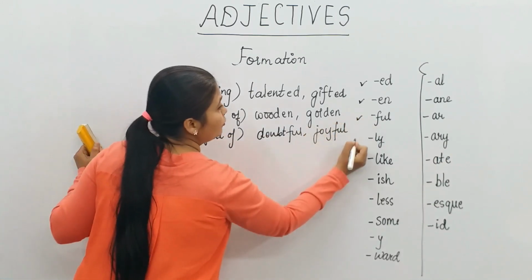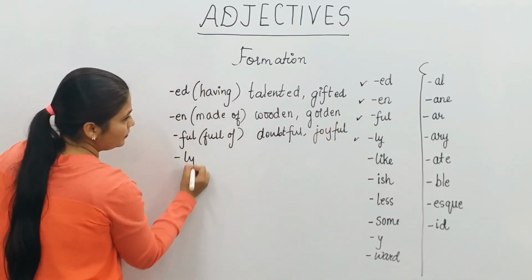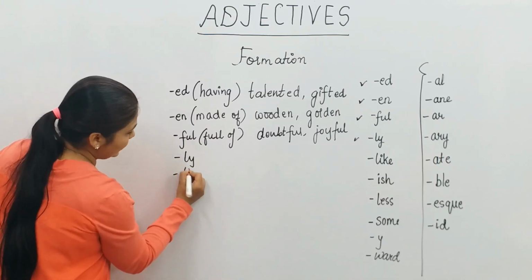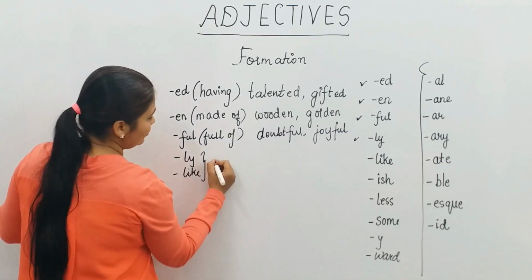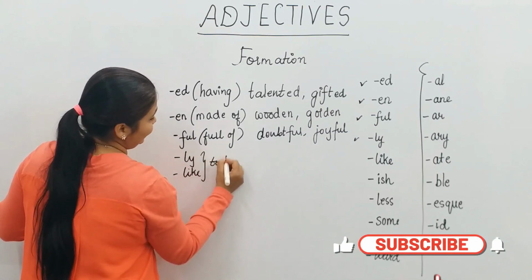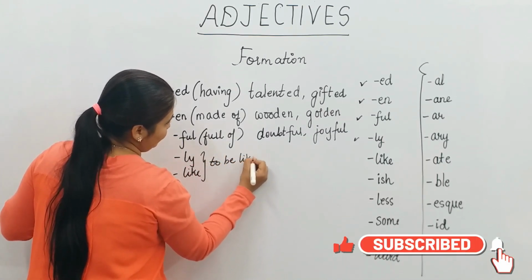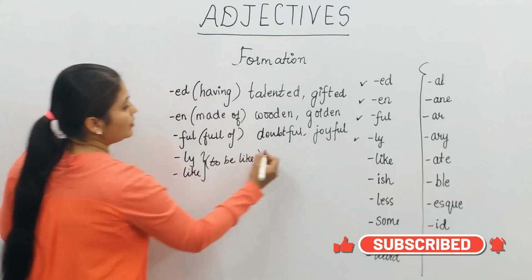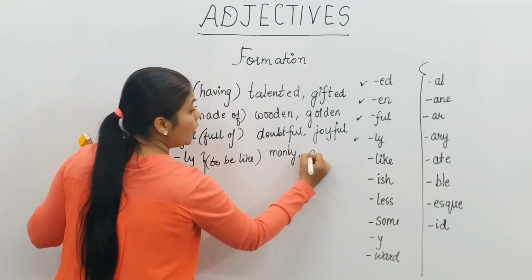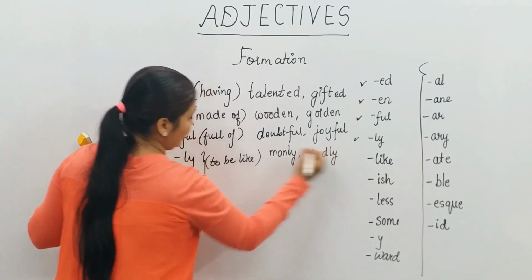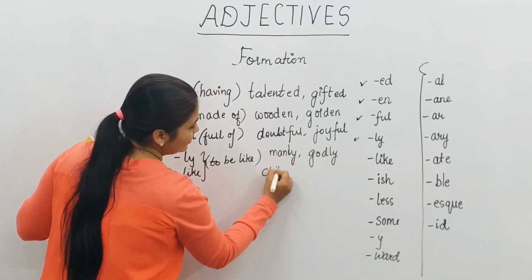Let's go to the fourth one, ly. In fact, I'll take like also together because both of them mean to be like. Manly, godly, childlike.